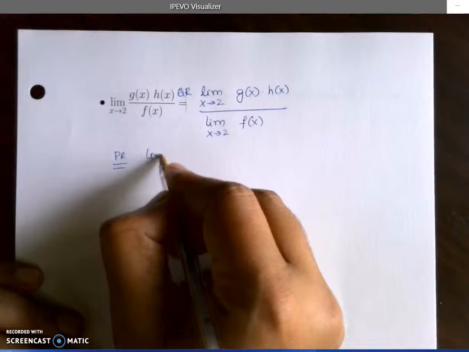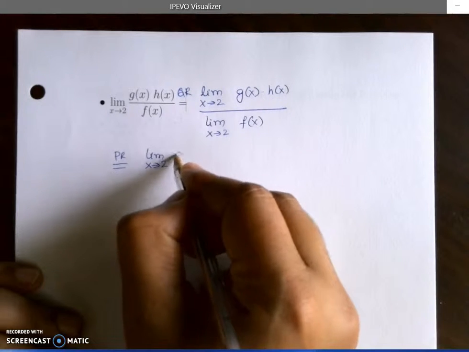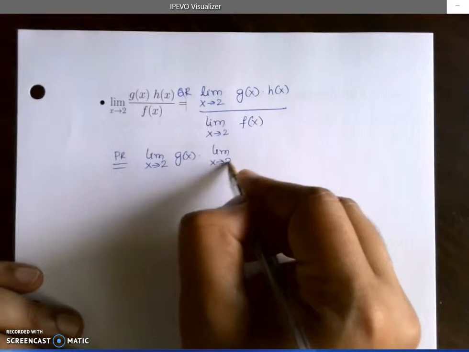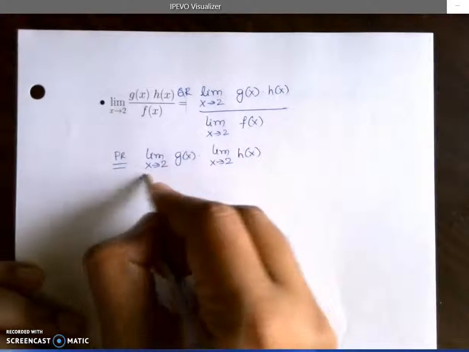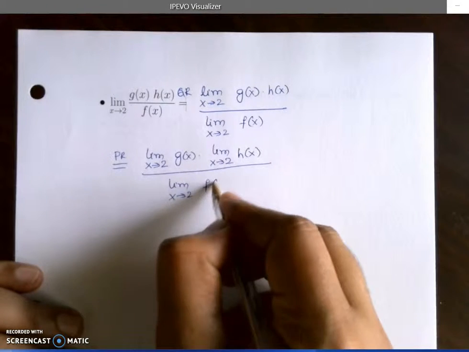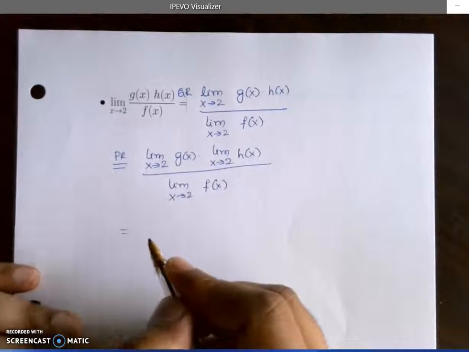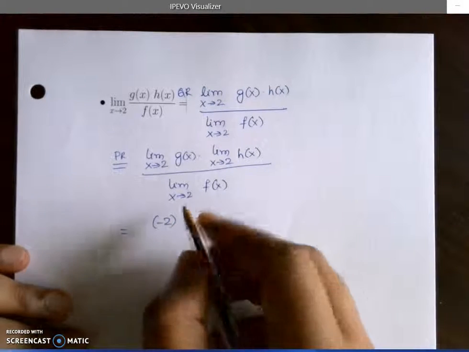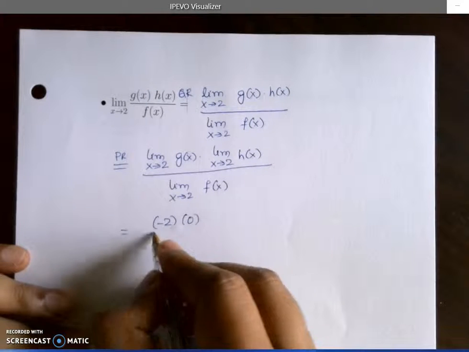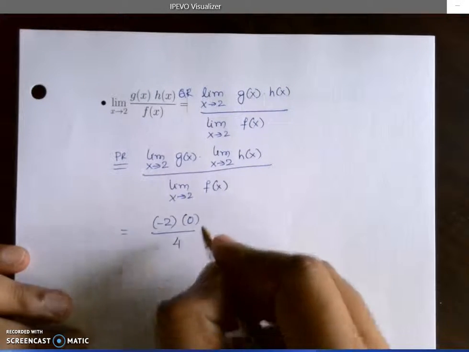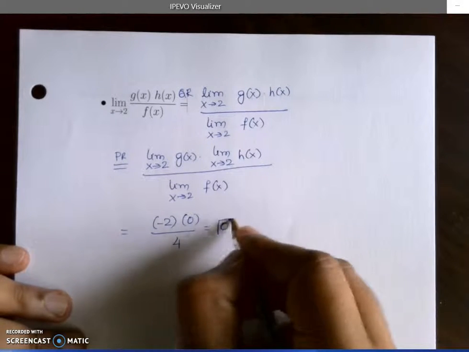So that's going to be limit x going to 2 g of x times limit x approaching 2 h of x, all over limit x approaching 2 f of x. The limit of g is given to be -2, the limit of h is given to be 0, and the limit of f is given to be 4, and upon simplification you get the limit to be 0.